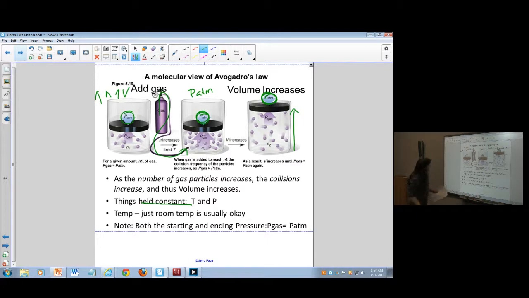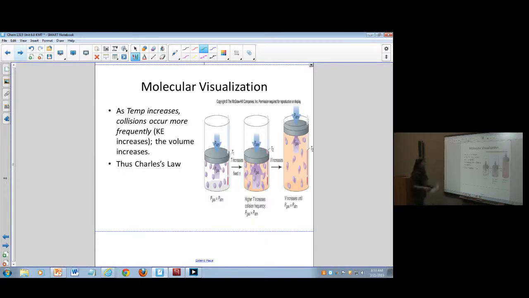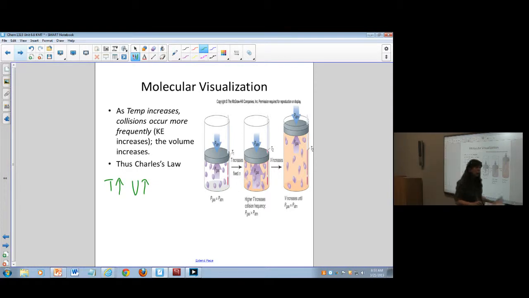Let's see, we also need to think about Charles's law. Now, here we are with temperature, right? When the temperature increases, the volume increases. Now, why does that happen? Holding pressure and the amount constant, of course. Because when you increase the temperature, the molecules get more energy.